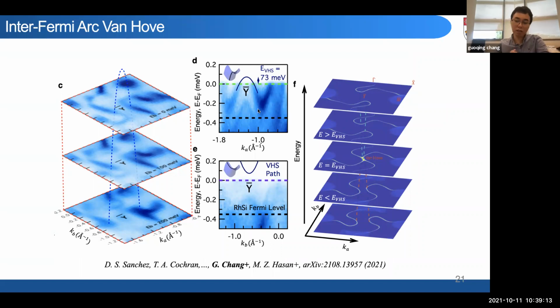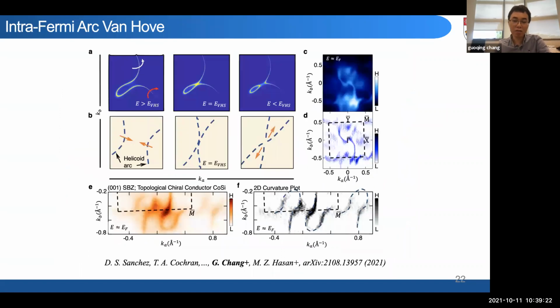Although we didn't really observe this saddle point there, we have observed another type of Van Hove in this class of material. This also originates from the spiral structure of the Fermi arc, but now we only need one Fermi arc. Because this Fermi arc is very long, the Fermi velocity at different locations of the Fermi arc is not homogeneous. For example, if you look at here and here, they can rotate very quickly.